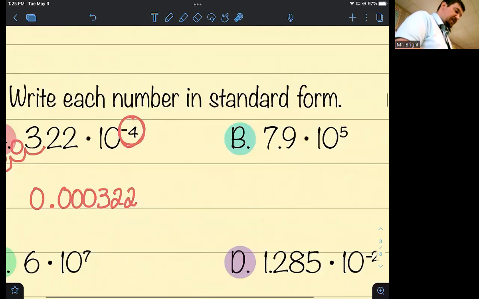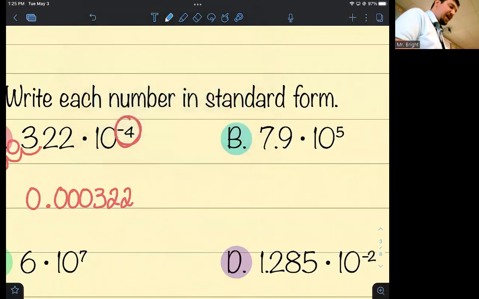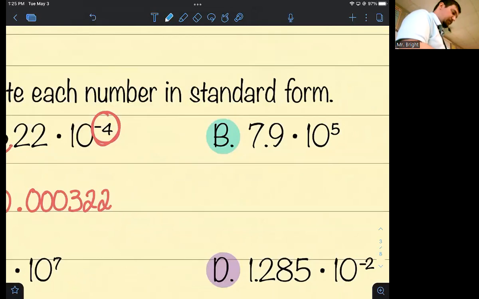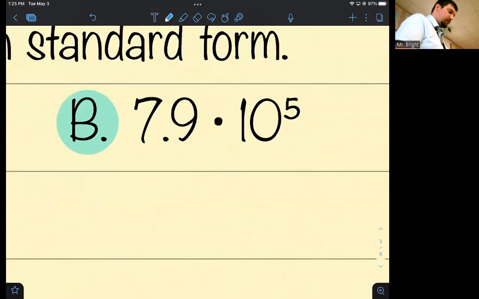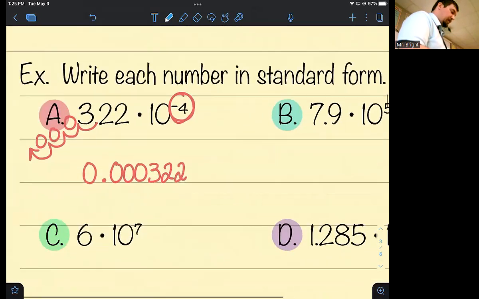Okay. Example B. Emerson, how many times do you have to move the decimal point? Okay, let's back up. Not 6 times, not 5 times.